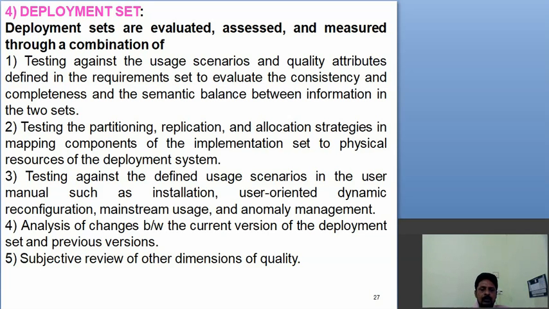These four are called the engineering artifact sets, that is, requirement set, design set, implementation set, and deployment set. Whatever data you have collected from the requirement set will be translated into the design set. The design set data will be converted into the implementation set.